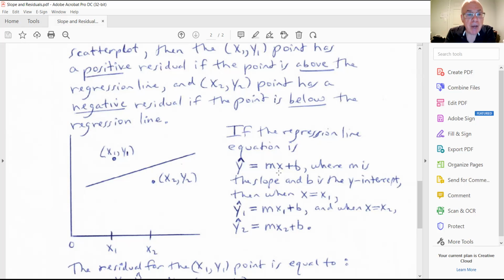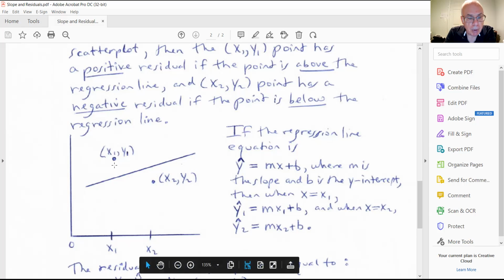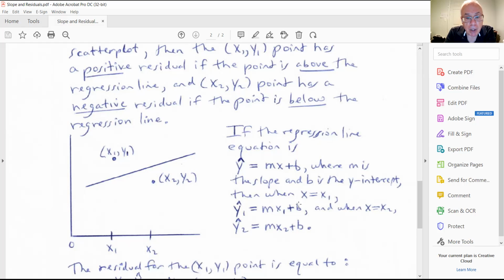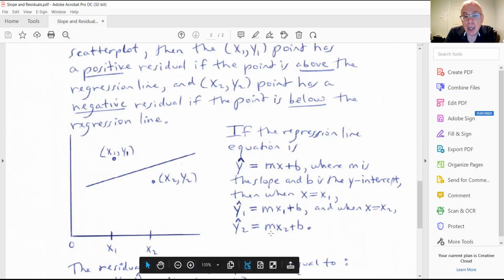Now, if we have x1 as our explanatory variable value, we plug that into our equation here, we're going to get our estimated y, y1 hat, is equal to slope times x1 plus the y-intercept. So this will come out to a number. And the same thing with x is equal to x2. I will be estimating what's called y2 hat, which is the estimated y on the line, and we plug in x2. Okay.